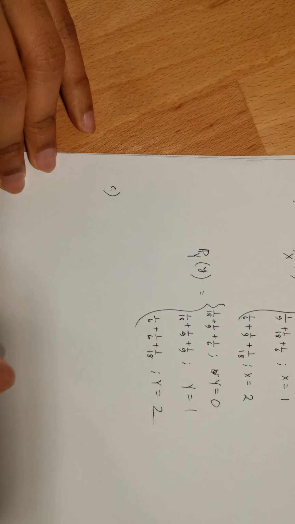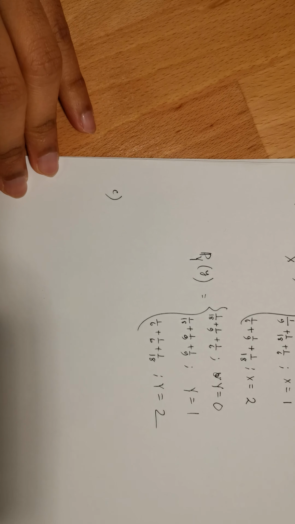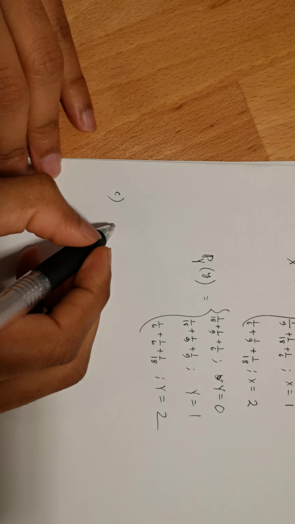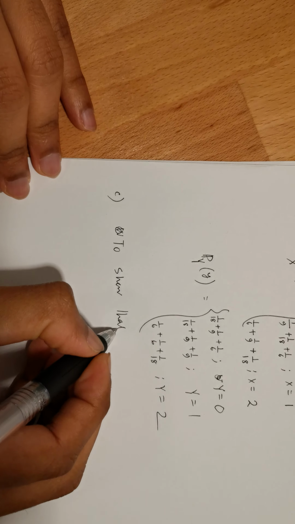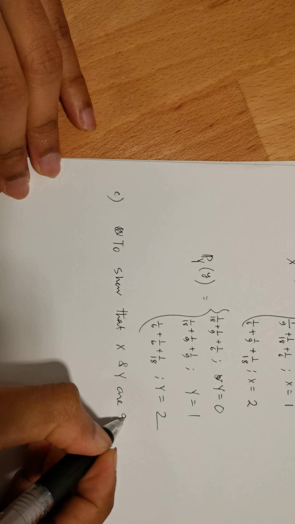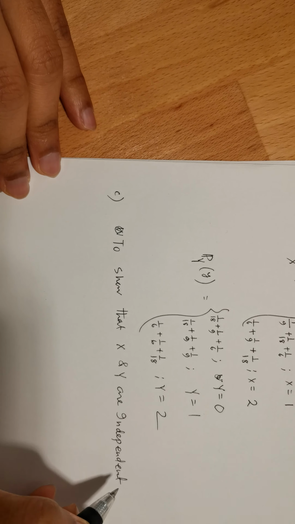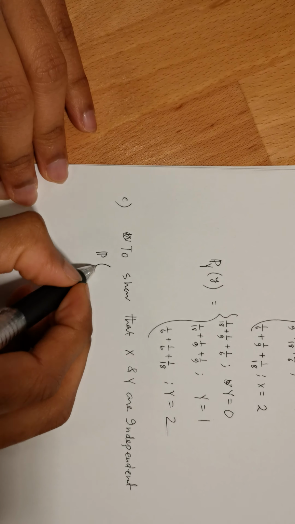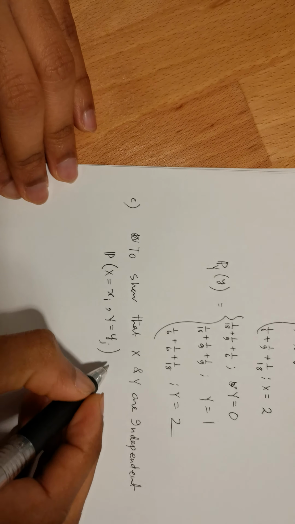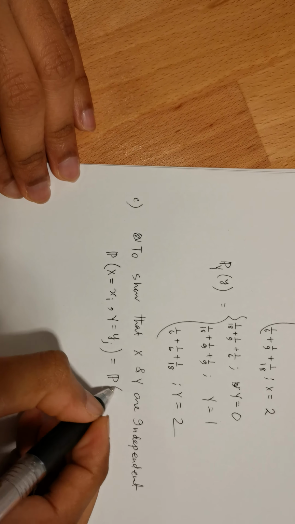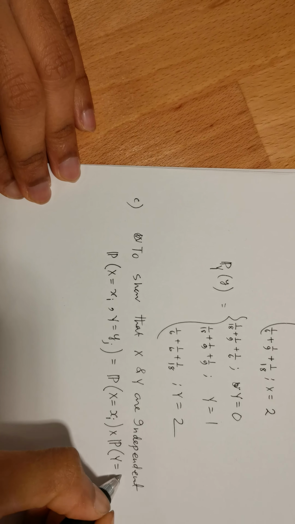You know that when x and y are independent, we need to check that the probability of x equal to some xi and y equal to some yj can be written as the product of the two, the probability of x equal to xi times the probability of y equal to yj.